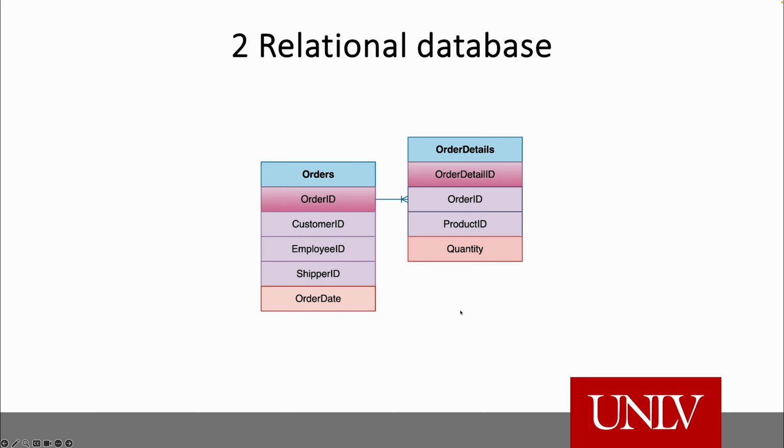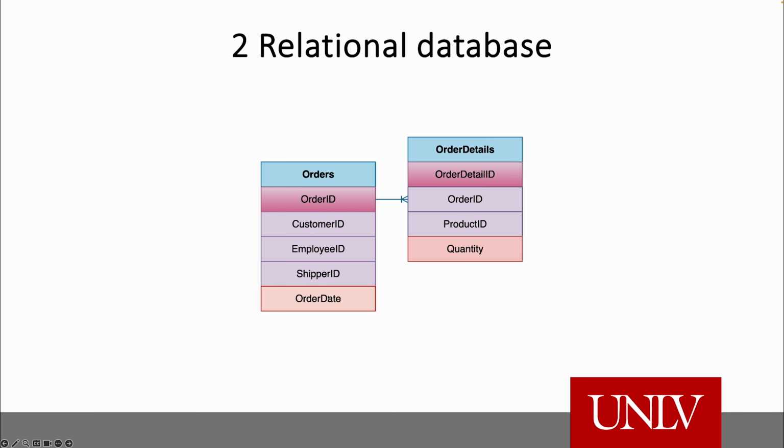The orders table records each transaction. The primary key is the order ID. It has three foreign keys: the customer ID, employee ID, and shipper ID, which connect to the customers table, employees table, and shippers table. Additional columns include order date.